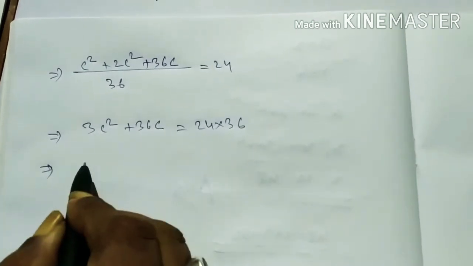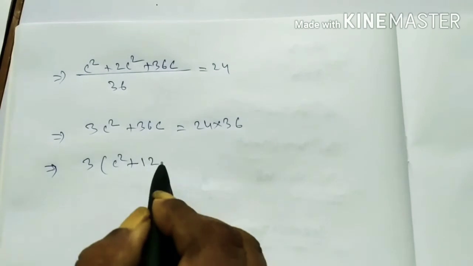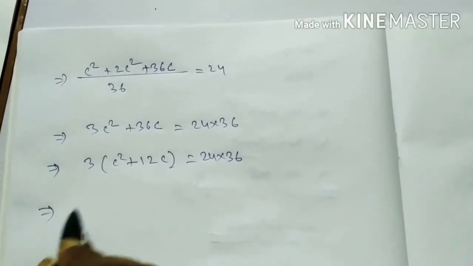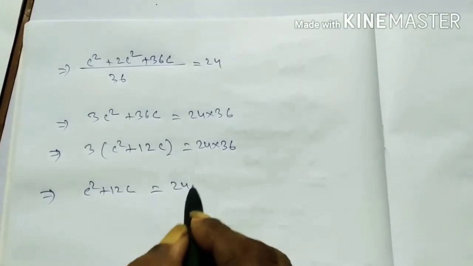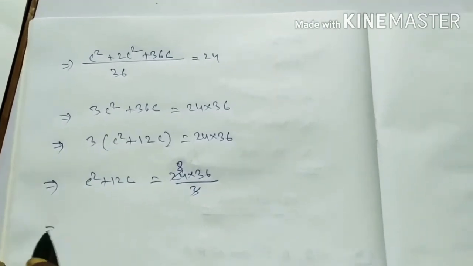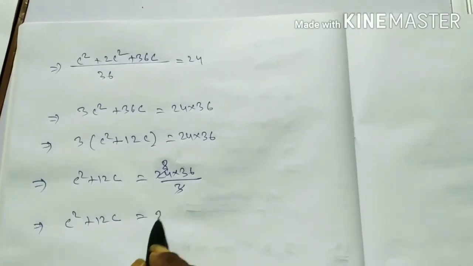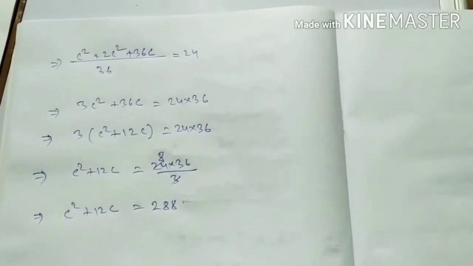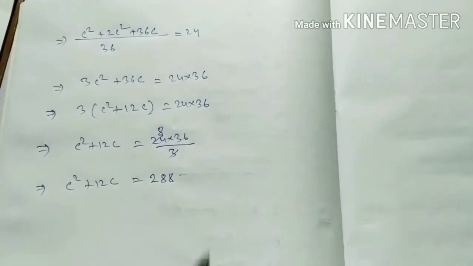Now take 3 common, so C square plus 12C is equal to 24 into 36 divided by 3, 3 eights are 24. So C square plus 12C comes out to be 288. Let me check it. 36 into 8, it is 288.